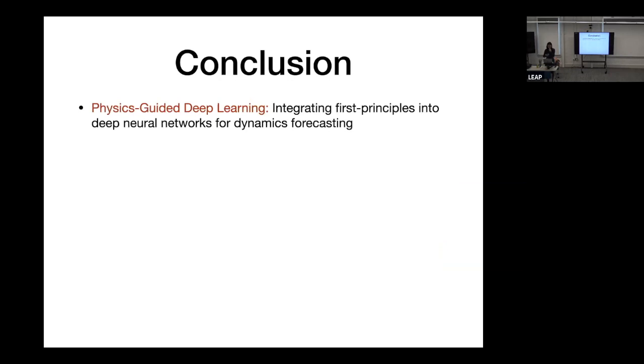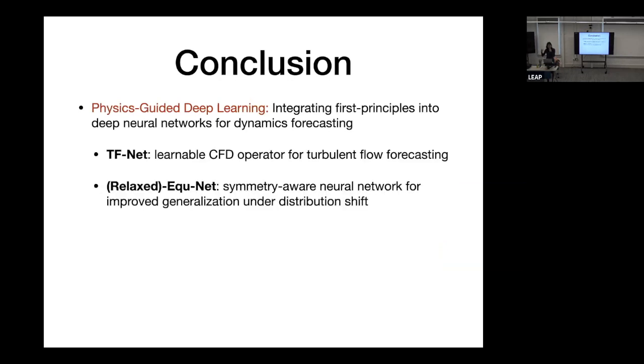So I talked about some work in physics-guided deep learning and talked about TFNet, that learnable CFD operator for turbulence flow forecasting, the Equivariance networks that incorporate symmetry into deep learning for tackling distribution shift. And we talked about a relaxed version of Equivariance network that can bridge the gap between simulation and real world.